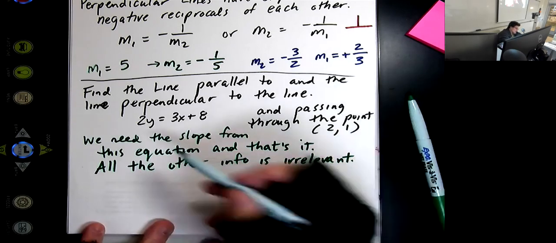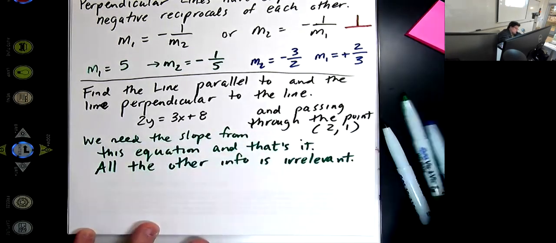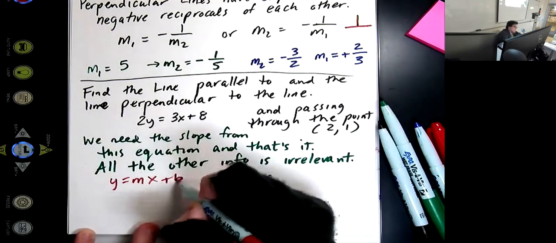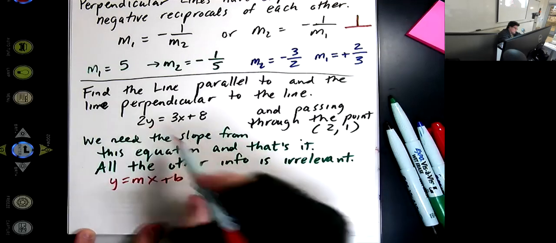All right, so how do I get the slope from this? I can write this in y equals mx plus b form. If I write it in y equals mx plus b form, I get the slope. If I do that, I divide both sides by 2.